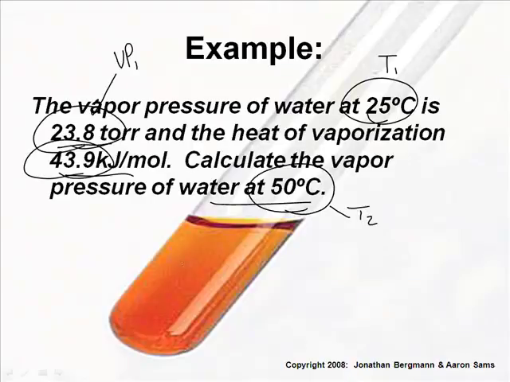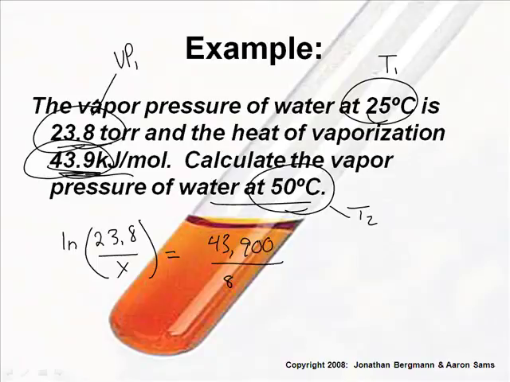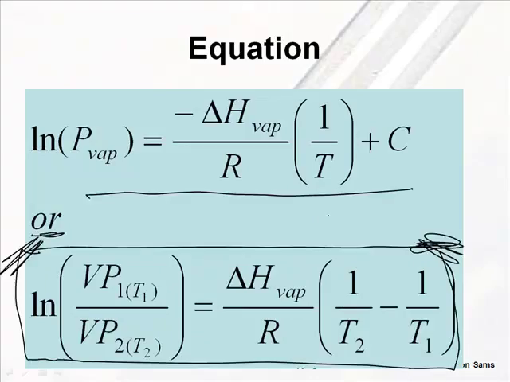All right, so now I need to just plug all these things in. So the natural log of, is it 1 over 2 or 2 over 1? It's 1 over 2. So the natural log of 23.8 over x, which is what I'm looking for, is equal to, now here's an important part, you're going to take this 43.9 kilojoules per mole, so 43,900 over 8.3145, times 1 over T2.